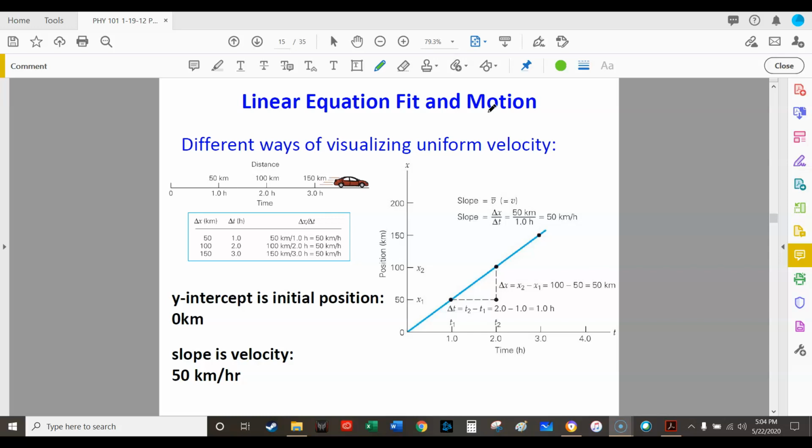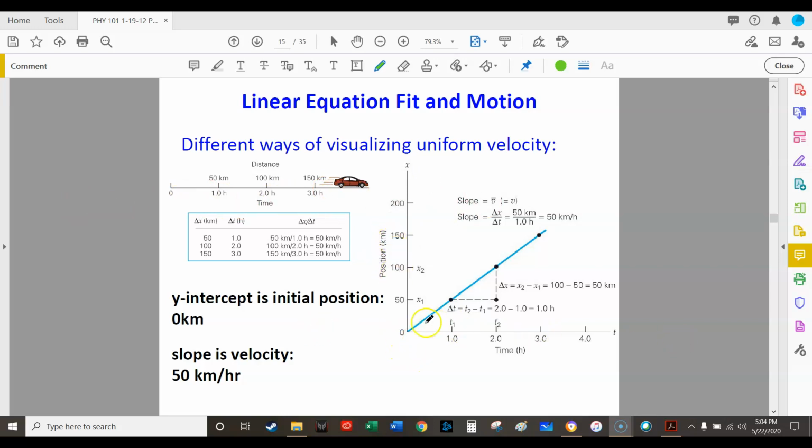Okay? So here's a similar graph. In this case, again, the vertical axis is going to be position, and since that is noted with an X, that tells us that this object is moving horizontally left and right. And this is going to be in kilometers, okay?